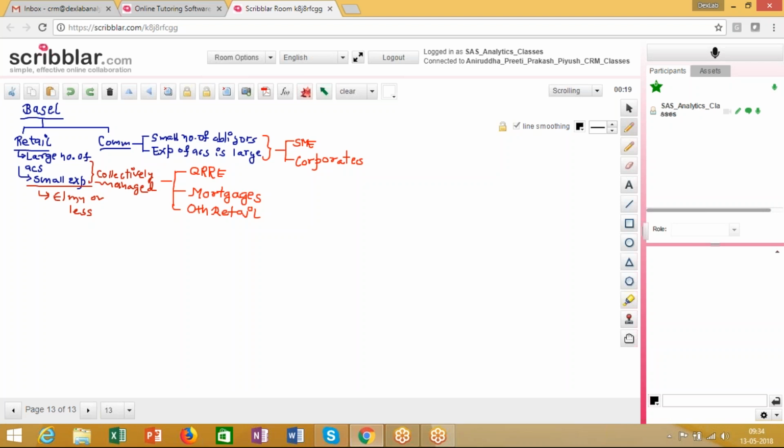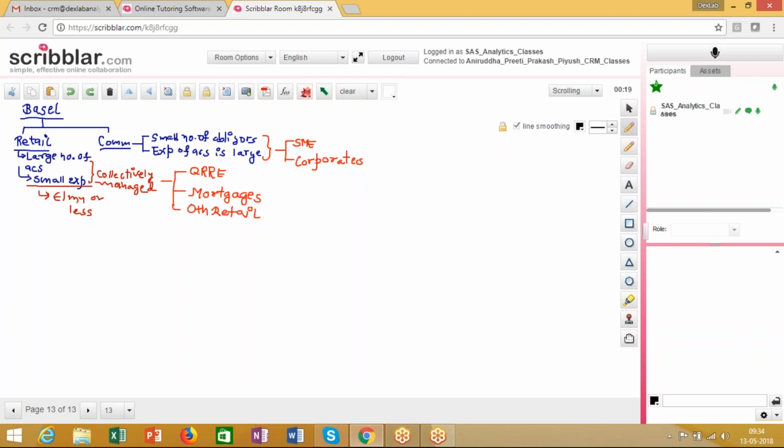Therefore, the easiest way to identify a retail and a commercial portfolio is this: in retail there would be a large number of observations, and each observation will have very small exposures.